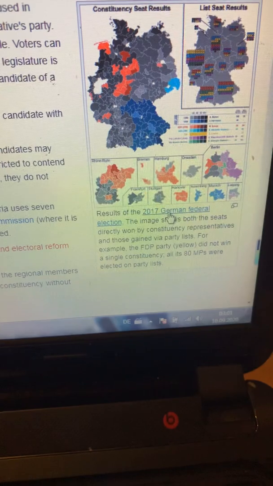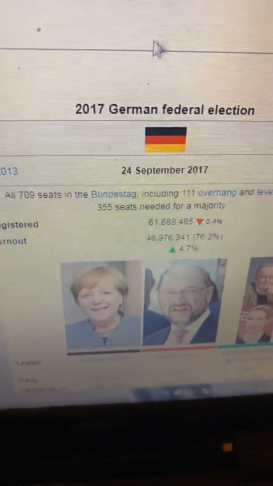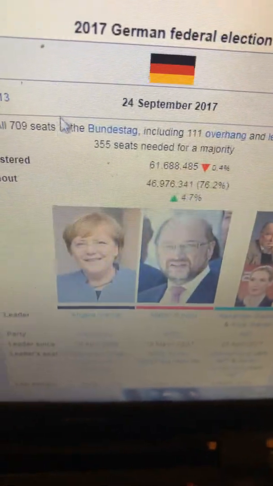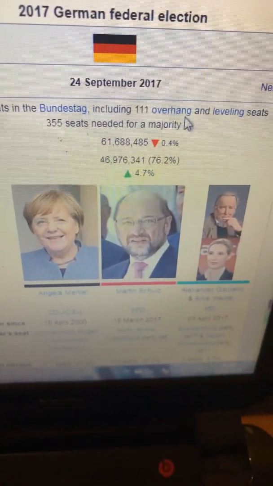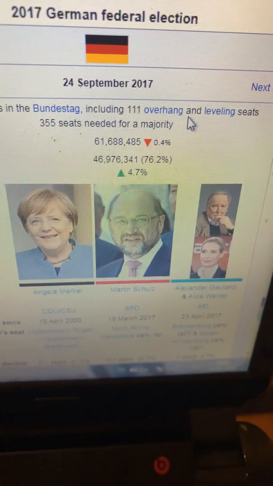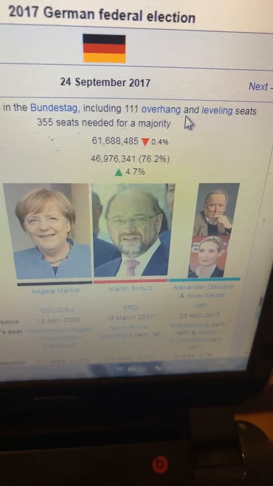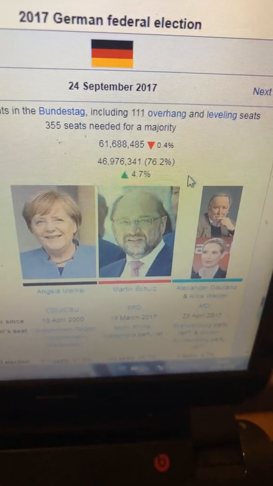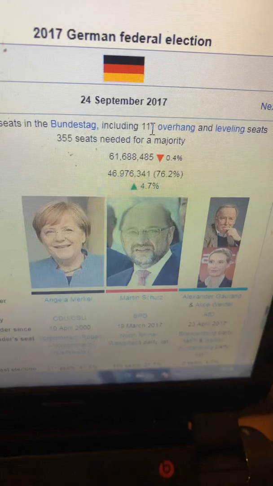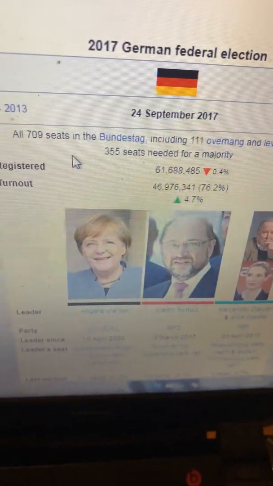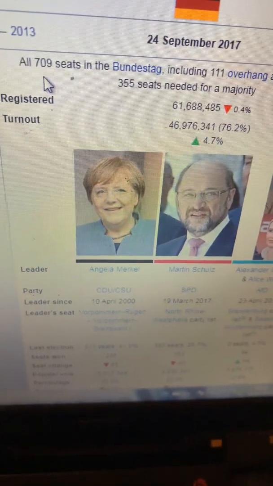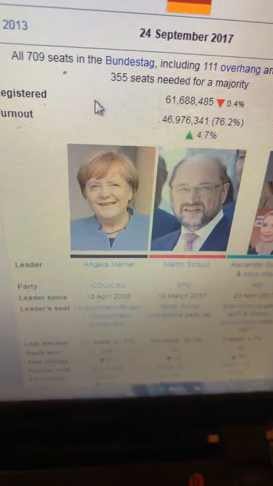Let's take the 2017 German federal election as an example. There are 111 overhang seats, 709 seats.